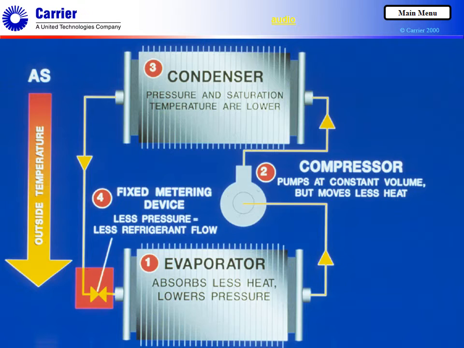Therefore, at the evaporator, the pressure becomes lower. Consequently, at the compressor, the suction pressure drops as well as the discharge pressure, which drops the pressure and saturation temperature at the condenser. Then, at the metering device, less pressure at its inlet, condensing pressure, produces less refrigerant flow through the metering device. This means less refrigerant capacity is available to the system.